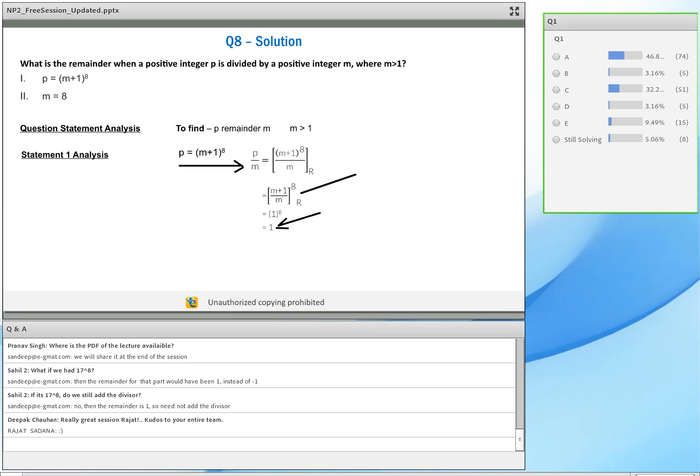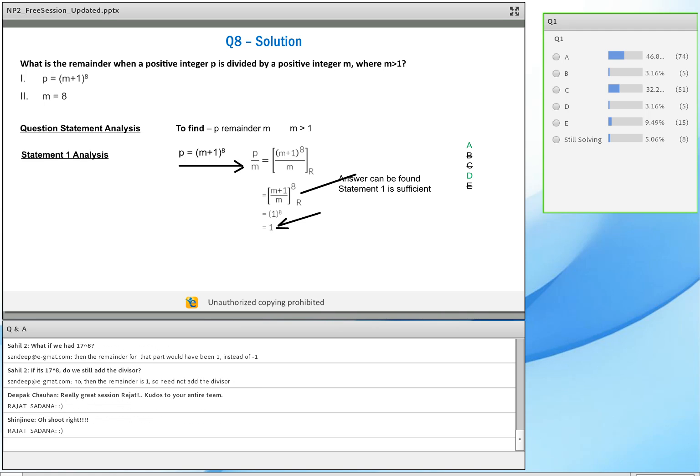That's exactly the same thing. We express 25 as 24 plus 1, and 24 divided by 3 doesn't give a remainder, right? Yep, that's exactly this. So statement 1 is sufficient.